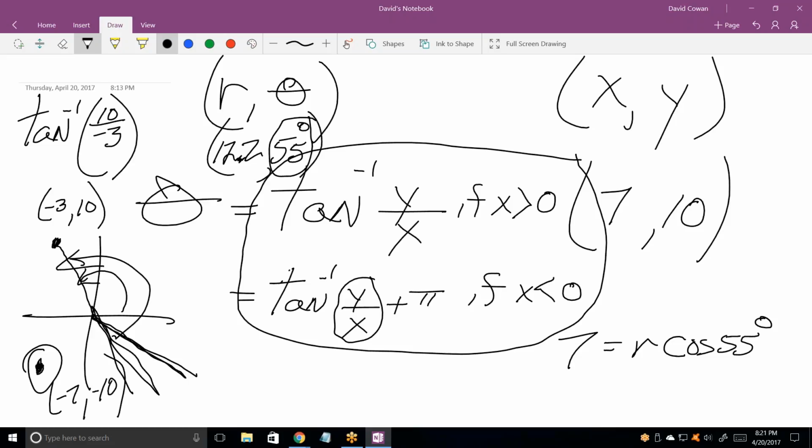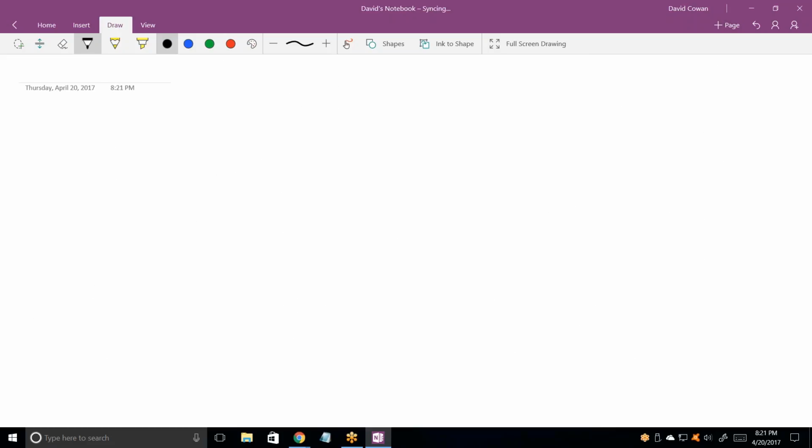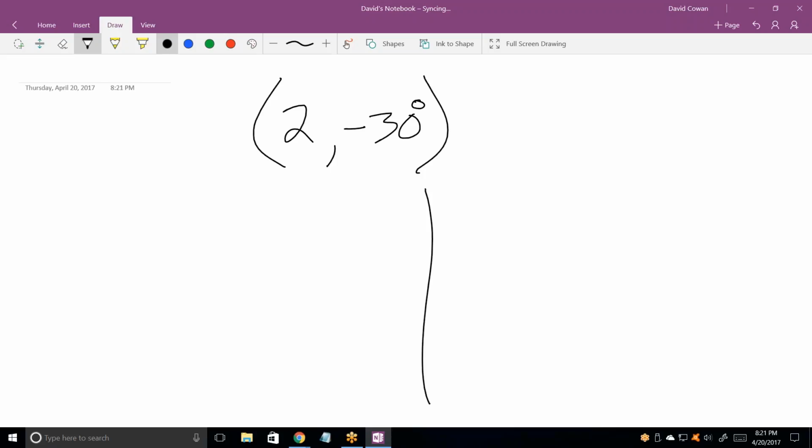Yeah. In other words, let's make sure we know what we're saying here. If I had 2 comma minus 30 degrees and I wanted to graph that, I'm going to go to the negative 30 degrees and I'm going to go out 2 units. So that's where I'm going to be. Okay, and let's make sure that that's r, theta.